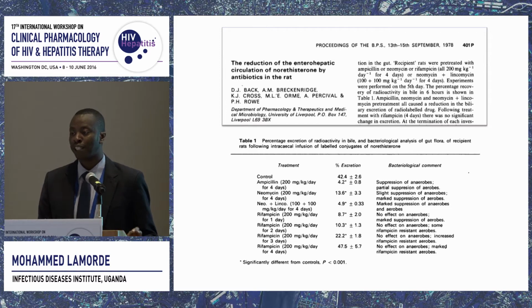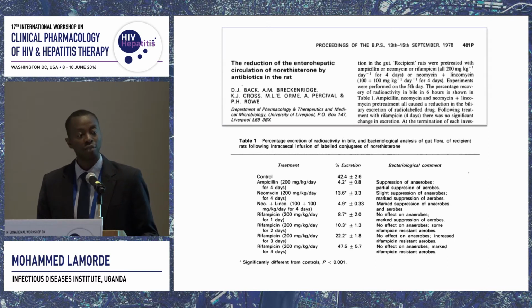But in this paper, David also went on to look at the bacterial flora in the gut, and he found out that the antibiotics that were being used were decontaminating the gut, and the ability of the microbes to deconjugate the steroids that had been put in the gut were gone, and so concentrations were lower in plasma.